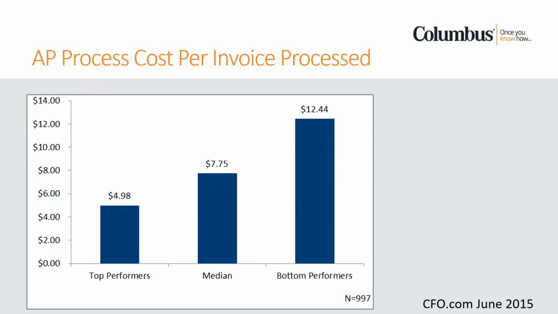The top performers in AP departments spend approximately $4.98 per invoice to process it. There's a median of $7.75, and then the worst performers cost over $12 an invoice. So that's quite a large spread between the top and bottom performers, and it's easy to think about how much that will add up over the total number of invoices being processed.